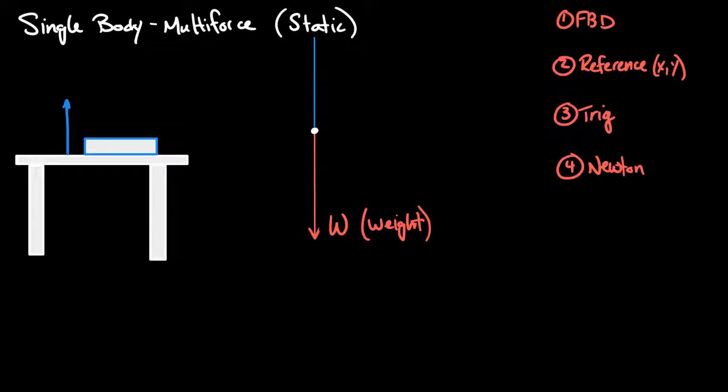Now, how long you draw this arrow is something that you really should stop and ask yourself. I'm looking to the future of this problem already. I'm thinking to myself, are there any ropes connected to the book, any strings or cords? There's probably no tension acting on the book. And I'm also thinking, is the book trying to slide across the table? If it isn't, there's probably no friction acting on the book.